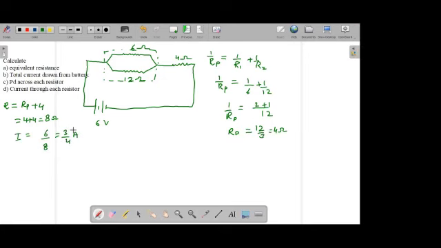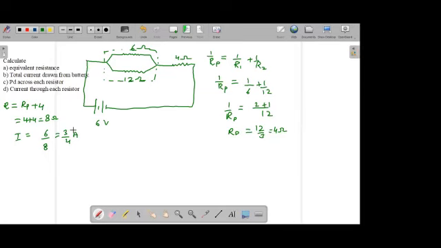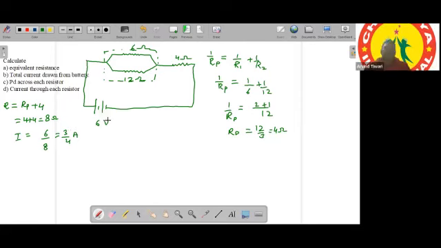I found out the current for each resistor. For each resistor, sir. Even if you are going for each resistance, the basic thing is that suppose I want to find out the current through this 6 ohm resistance. So I must know the potential difference across the 6 ohm resistance.